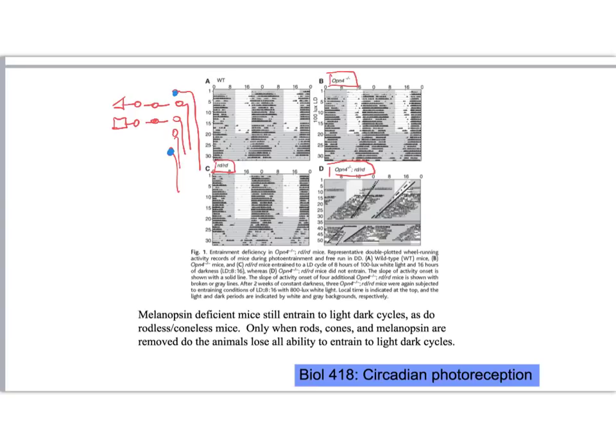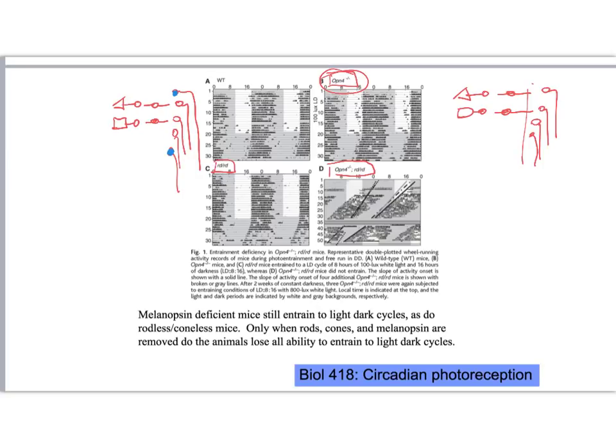And there's normal entrainment. In this case, what you have is rods and cones, again, all the layers are normal. However, you remove the melanopsin from the cells in this OPN4 minus minus.